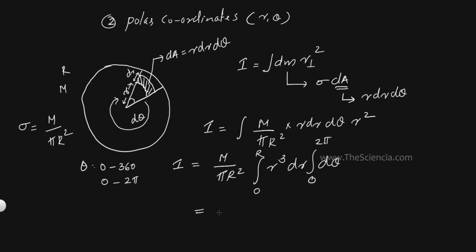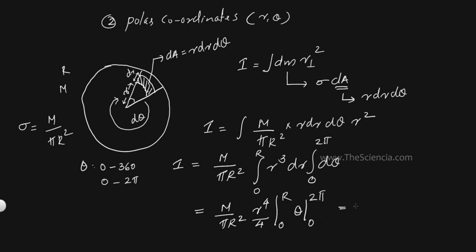So what we get? M by pi r square. Integral of r cube is r raised to 4 by 4, limit 0 to R. Integral d theta is theta, and substituting the limits 0 to 2 pi.